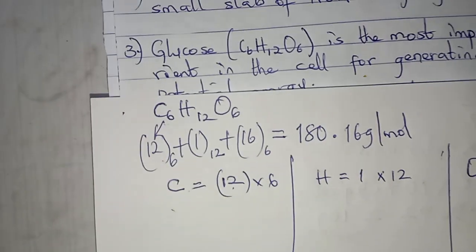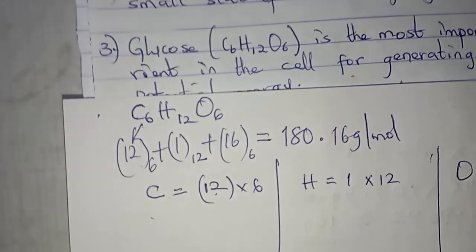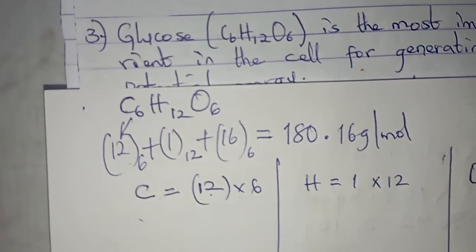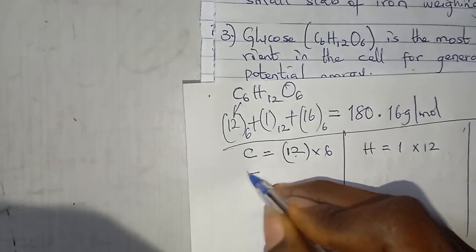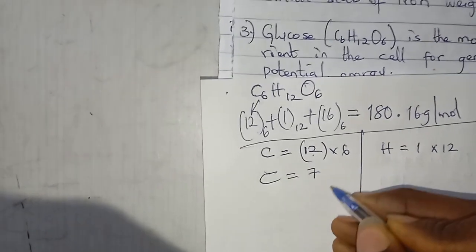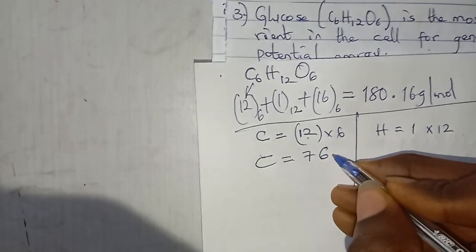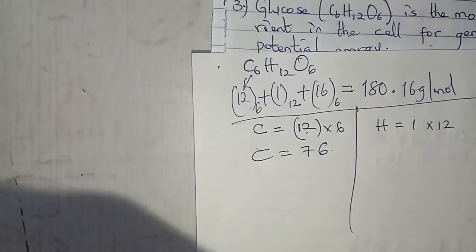So if I know this, 12 times 6 for carbon will give me 72.